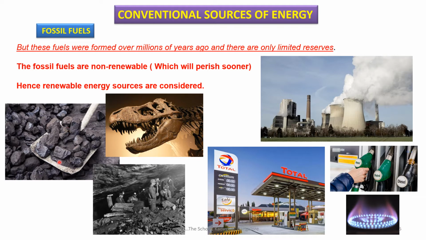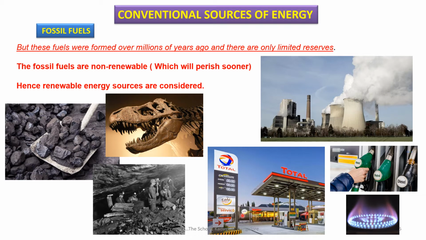You can see here the coal, the fossil fuels, and here the coal mining is happening, and here you can see the processing industry where petrol, diesel, everything is being processed. Then these are the thermal power plants where the coal is used to boil the water and get the steam to run the turbines.